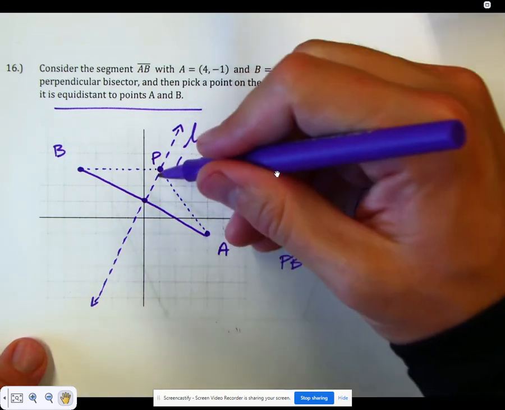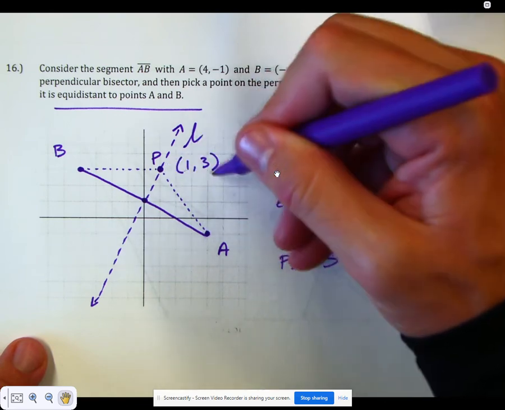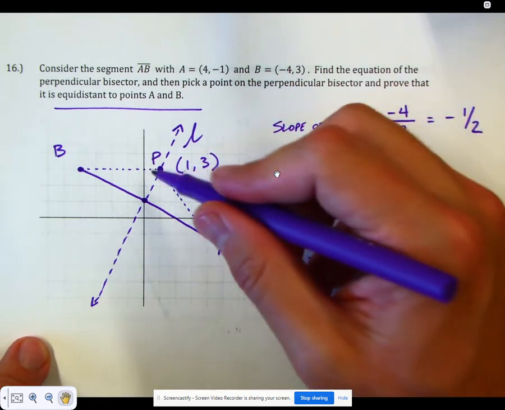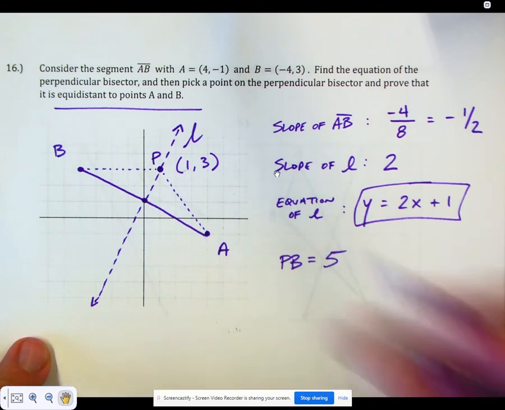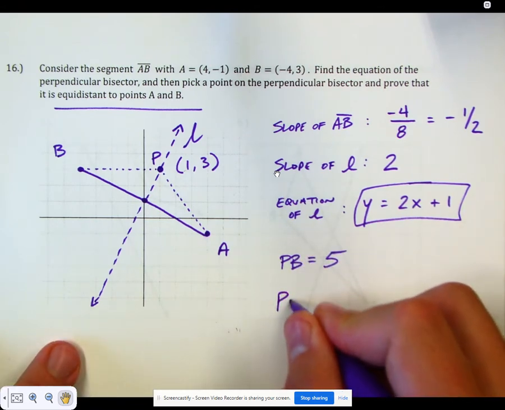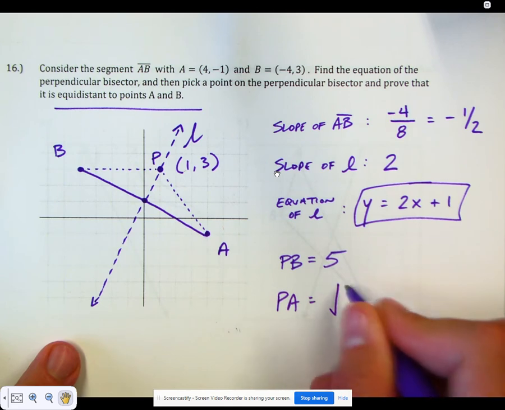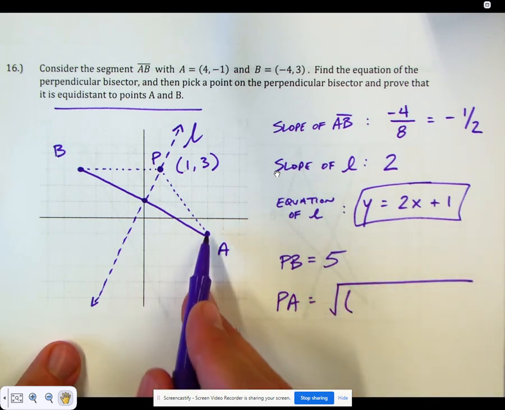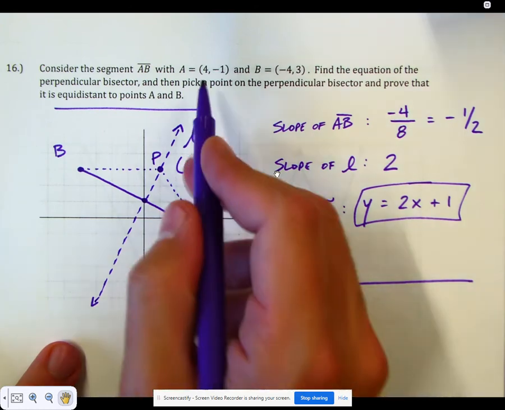How long is it from P to A? Well, now we've got to use the Pythagorean theorem or distance formula. Let's do distance formula. The distance from P to A, use the distance formula that we derived. A is 4, negative 1.